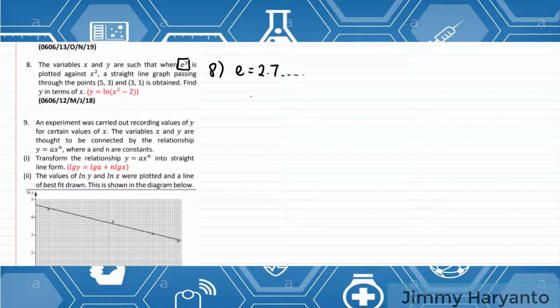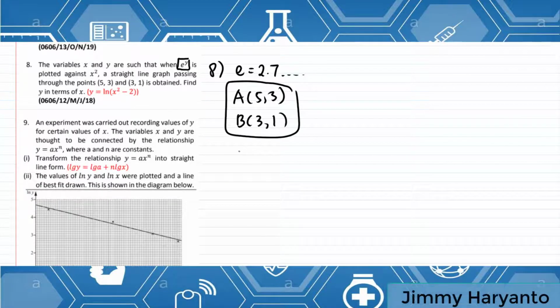When you see e in equations, you have to use natural logarithm. Natural logarithm is ln. The base of natural logarithm is e. So ln means logarithm of e. The point 5, 3 is given, and then the point 3, 1 is also given.